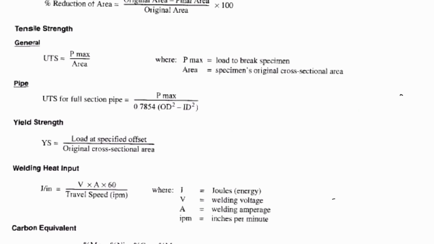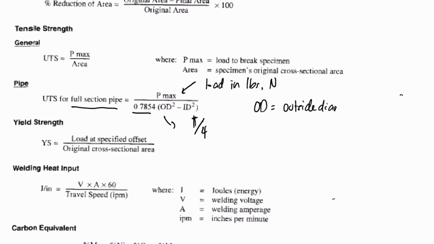This applies the UTS formula for a full section of a pipe. Pmax is the load in pounds, or in Newtons for SI units. The 0.7854 you see here is the one I mentioned earlier, which is pi divided by 4. OD is the outside diameter of the pipe, and ID is the inside diameter.